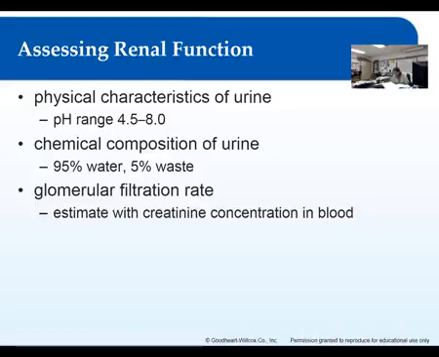So, assessing renal function: urine is normally clear and yellow, but it can indicate a UTI if it's really cloudy. Normally the pH, like it says here, could be anywhere from 4.5 to 8, which is a really wide range, but those can all be normal. Specific gravity is another thing that's measured.